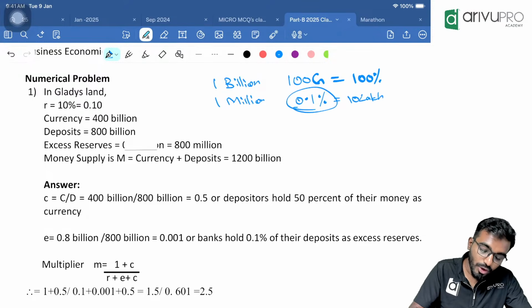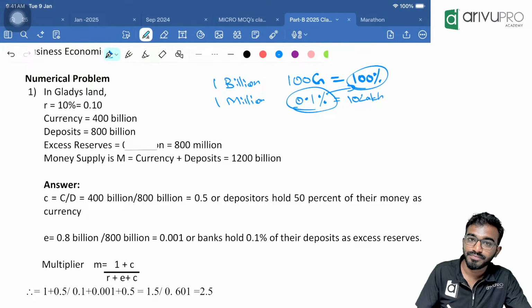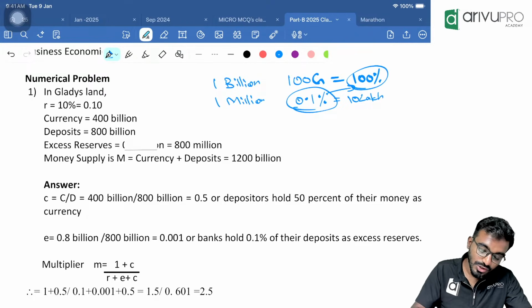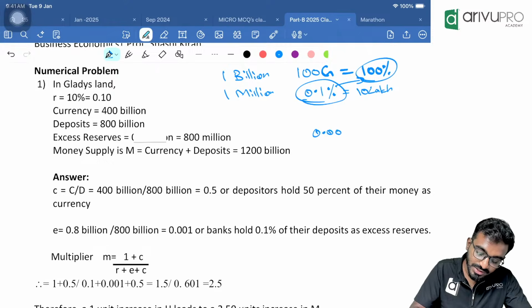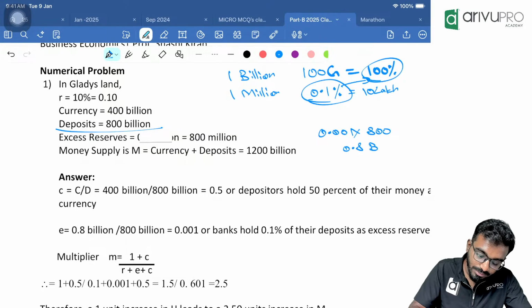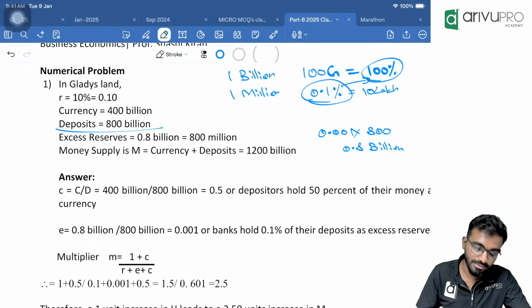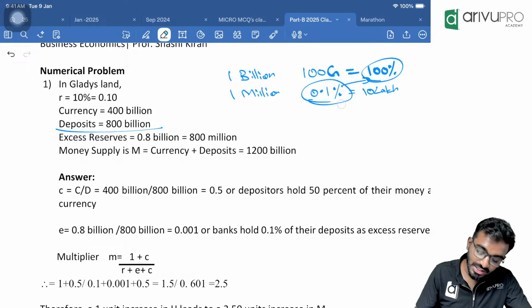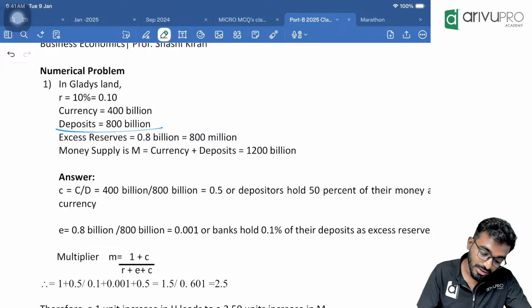That is 0.1% out of 100 percent. So 0.1% in decimals we will represent as 0.001 into this 800. So this will become 0.8 billion. Even you should know how to convert it. They have given 0.8 billion here, but they may not give it; you may have to convert it. Clear? And excess reserve is given as 800 million.